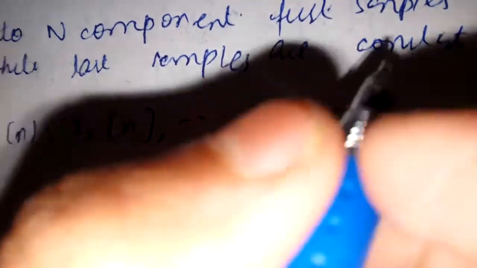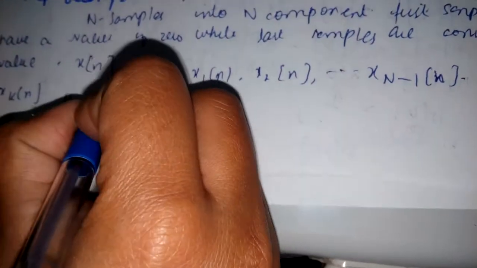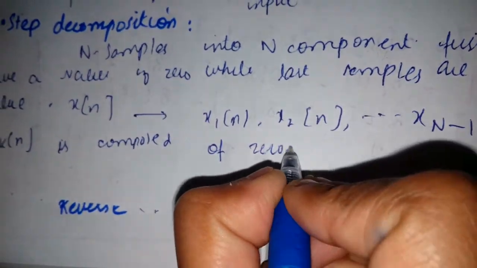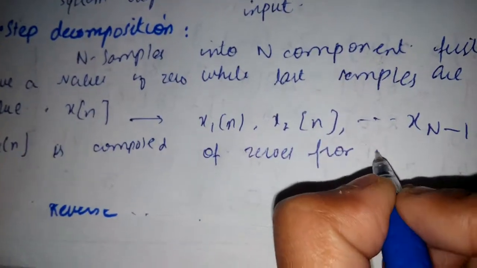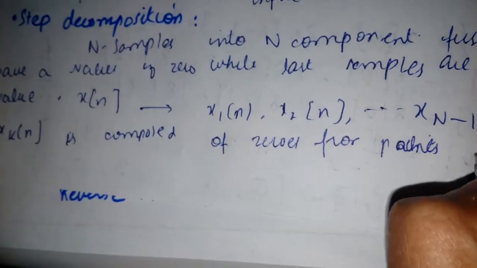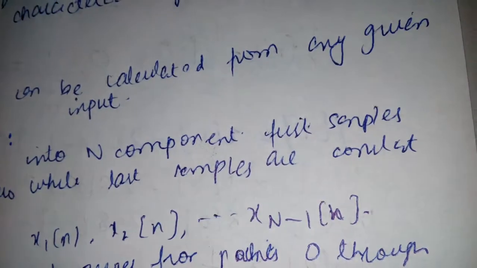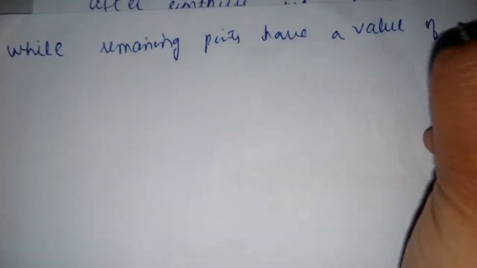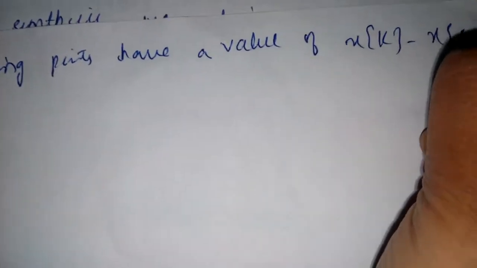The kth component signal xk[n] is composed of zeros for points 0 through k minus 1, while the remaining points have a value of x[k] minus x[k-1].